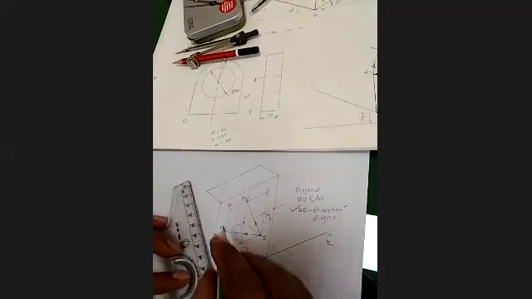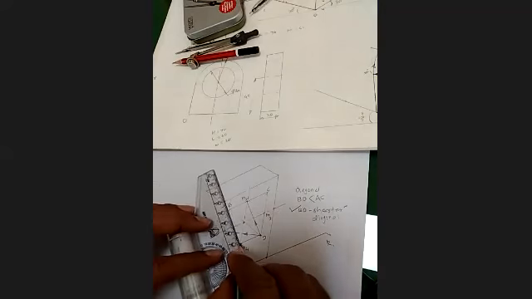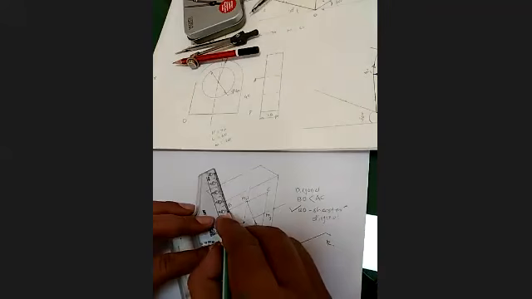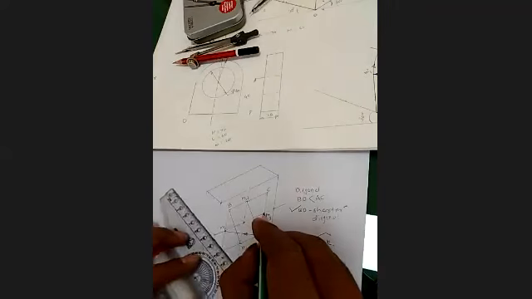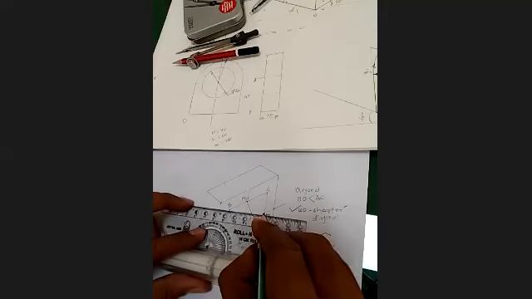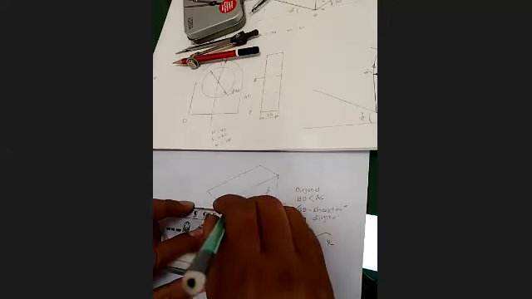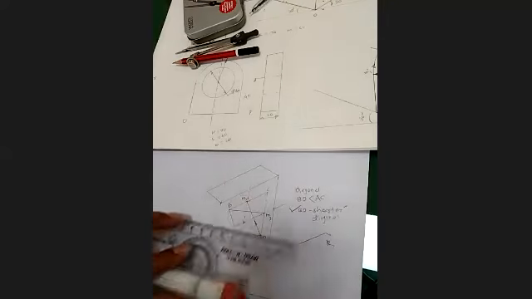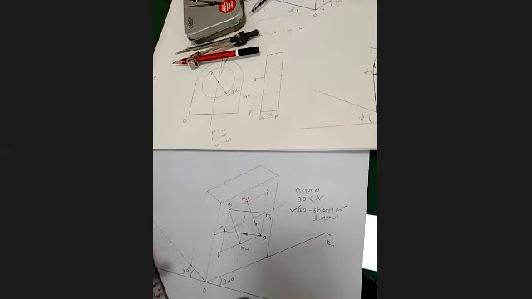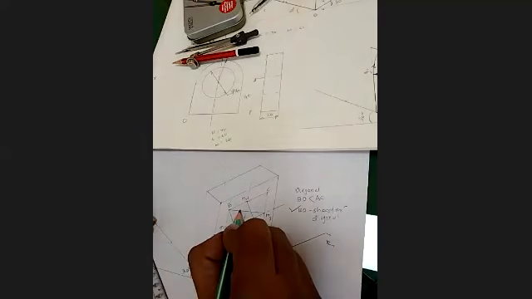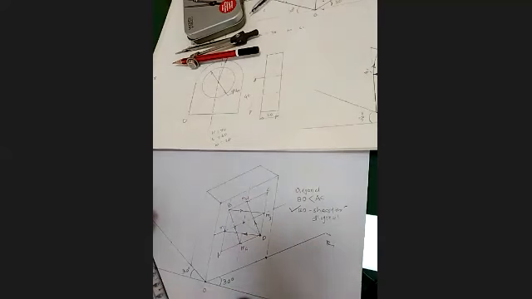Okay. Similarly, from B, join opposite midpoints M4 and M3. Okay. Got it? Yes.